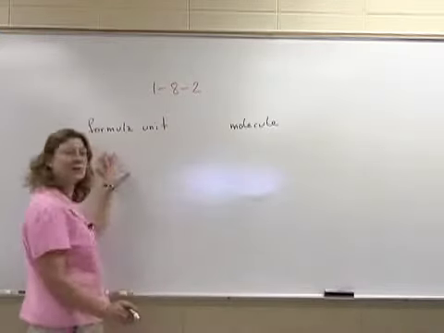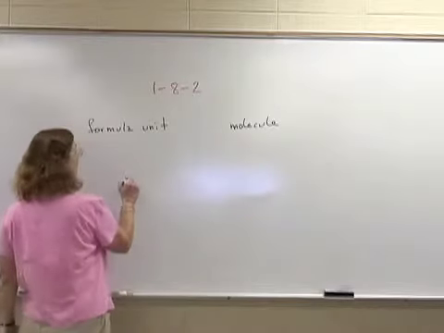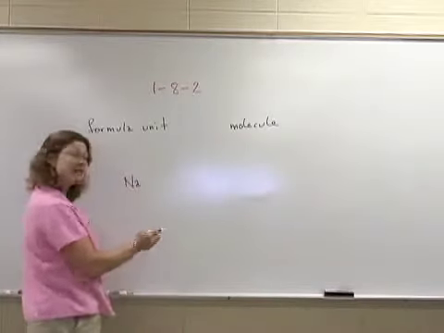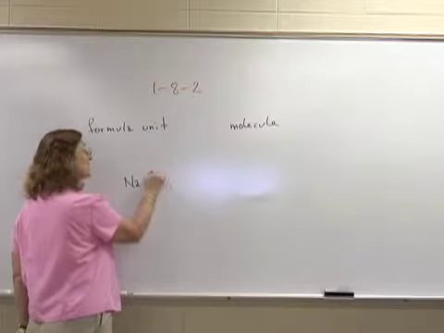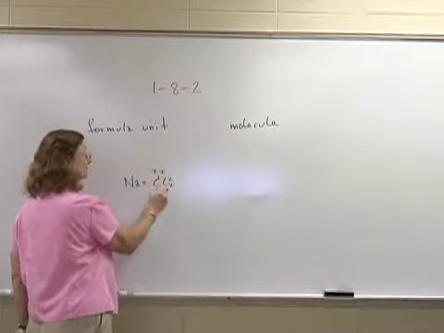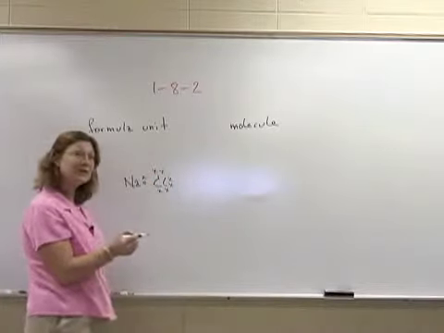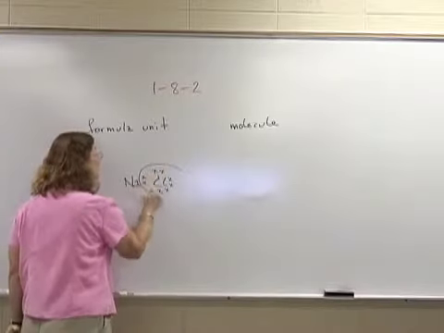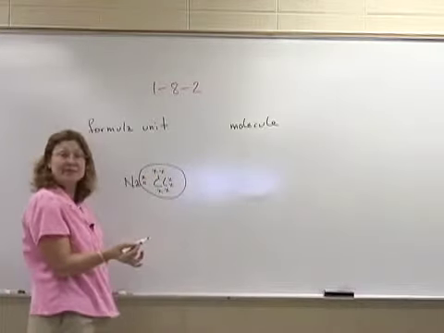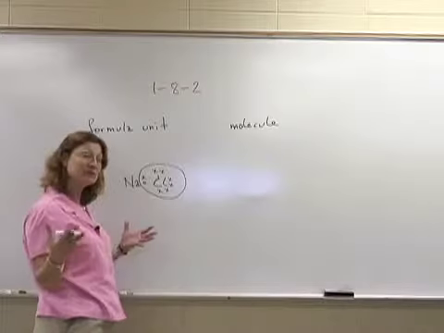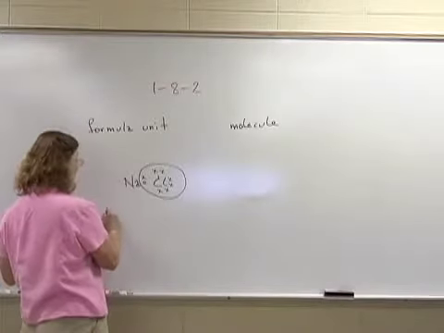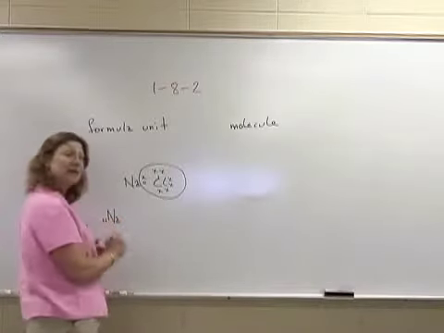In a formula unit, we have things like sodium chloride. Sodium has 1 dot and chlorine has 7. So what chlorine wants to do is steal this 1 electron away. And then sodium doesn't have any electrons in its outermost energy level. However, we learned before that sodium was atomic number 11.